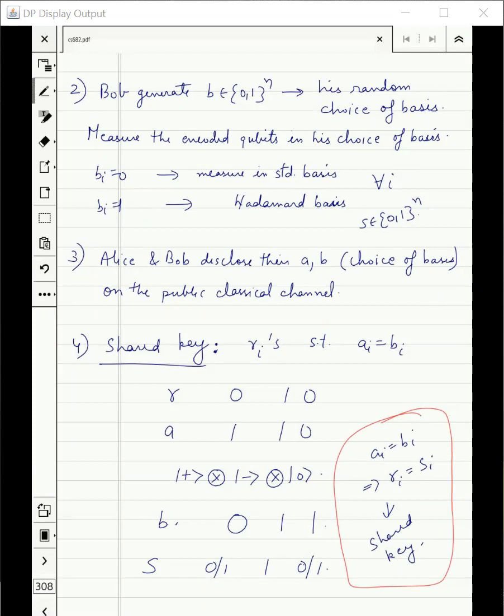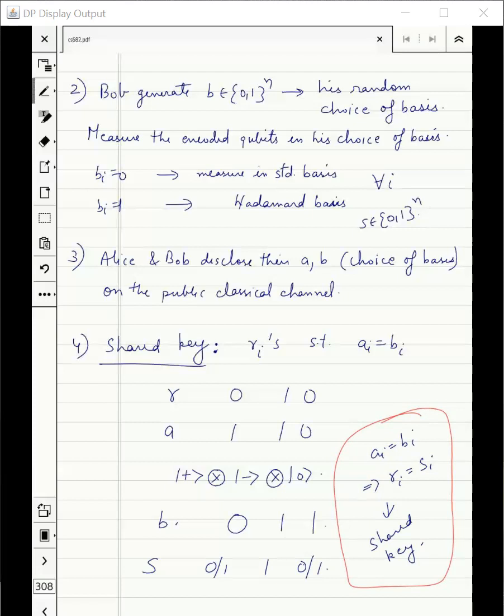Okay, good. So what in case of superposition, like we have a 0 and 1 both with equal probability, and at that point AI and BI were the same, then what is the shared key? Can that happen? That is why I'm saying you should be convinced that if AI and BI are the same, then we will not have a superposition.